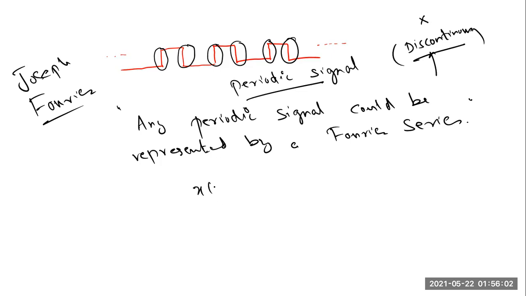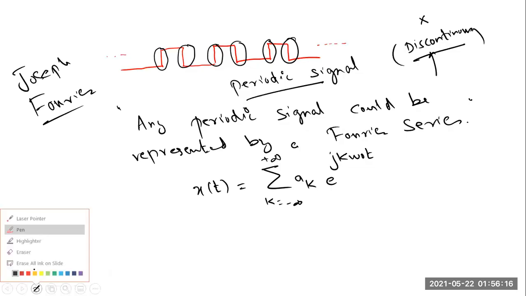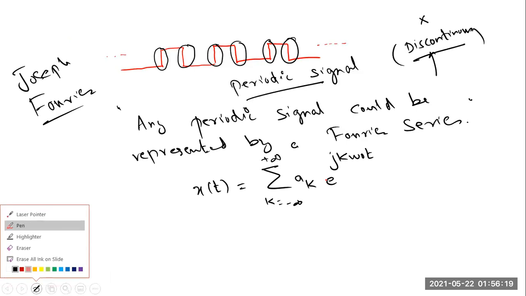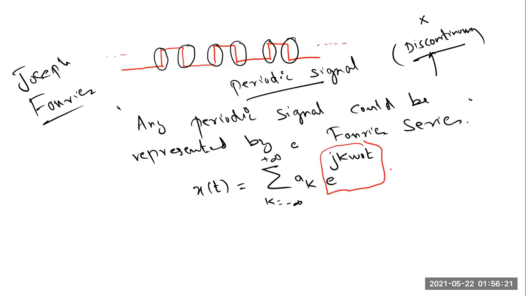So if you look at the Fourier series representation, this set of signals is continuous. For different values of k, whatever signal you get is continuous.